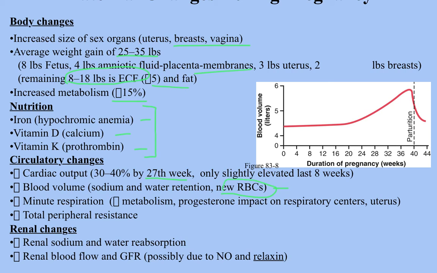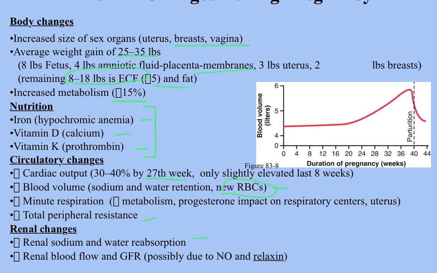If you have more volume without more red blood cells, then you're going to have a lower concentration of red blood cells, hence making that anemia a little bit worse. And then you're going to have an increase in minute ventilation to help with that increase in metabolism. And also a decrease in total peripheral resistance because you want that blood to flow nice and smooth.